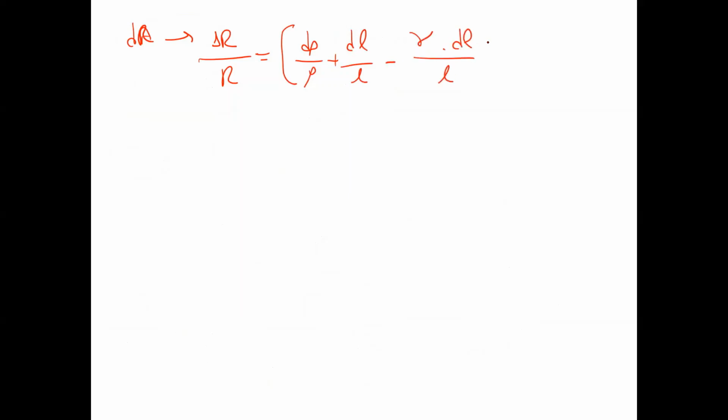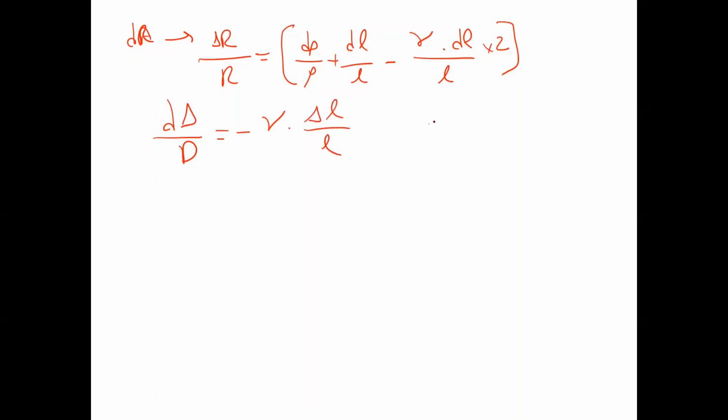And we could, instead of dr, this means delta r is equal to r rho, delta d is equal to minus Poisson ratio times delta L divided by L.